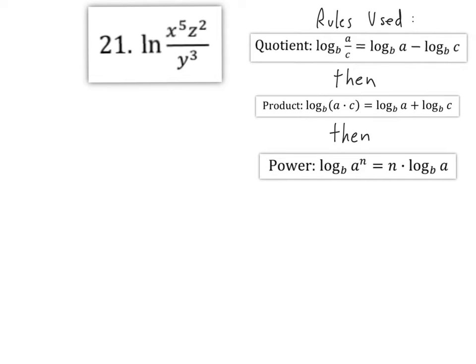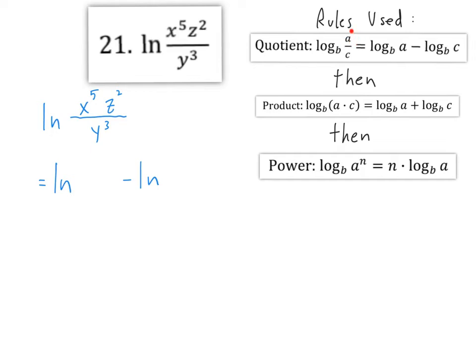Okay, so it starts out ln of a fraction, x to the 5th z squared over y cubed. If we use the quotient rule, we'll rewrite this as 2 logs subtracted, so ln of something minus ln of something. The rule says that a is the numerator of the fraction, and c is the denominator.